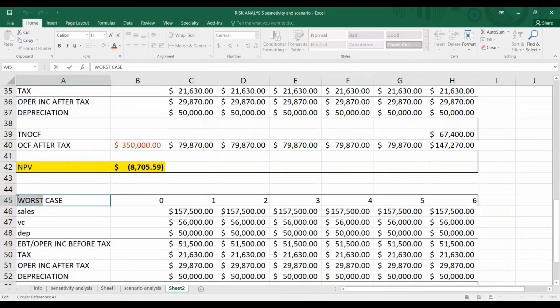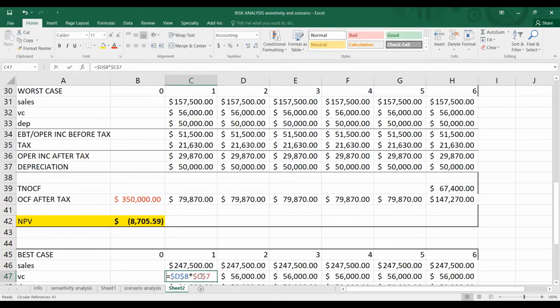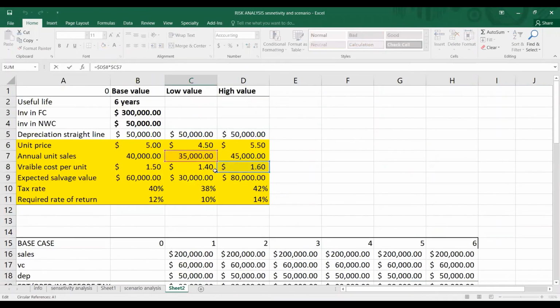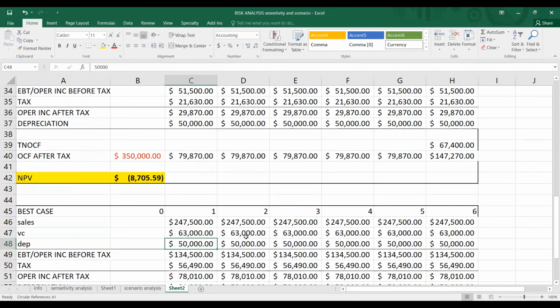Now is the turn to estimate the best scenario. So the sales are estimated: you sell the higher number of the sales and with a higher price. And variable cost is underestimated. You sell with a lower cost, the same quantity. Depreciation the same, and we derive the EBIT.